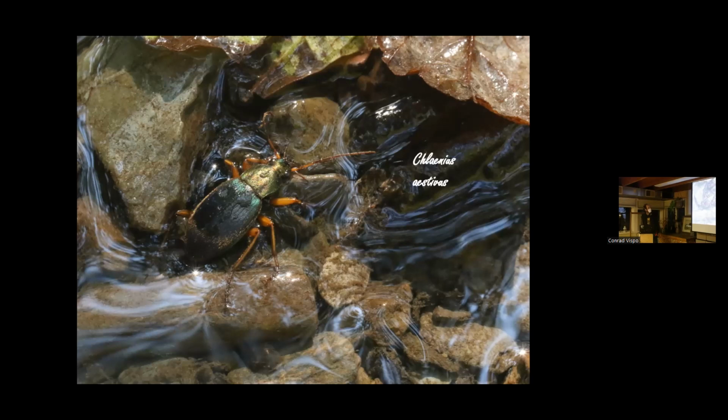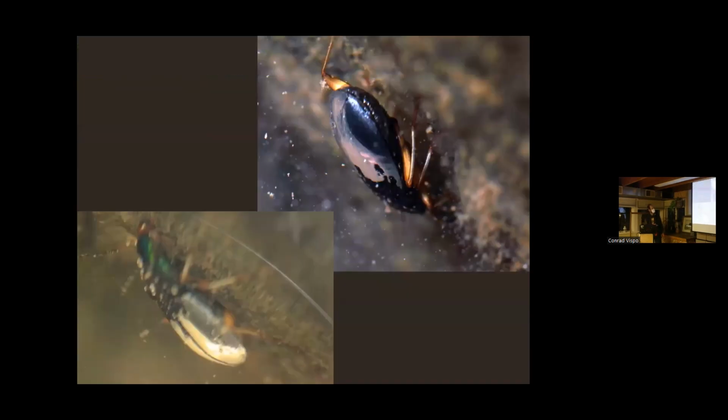I know these are really bad pictures, but it's a hard thing to take a picture of. So what I do when we catch a ground beetle and I want to take a picture sometimes, it's hard because they might want to run away. And so I'll put them on a rock in the middle of the stream and take the picture there because I figure they're not going to want to go in the water. Wrong, they like to go in the water.